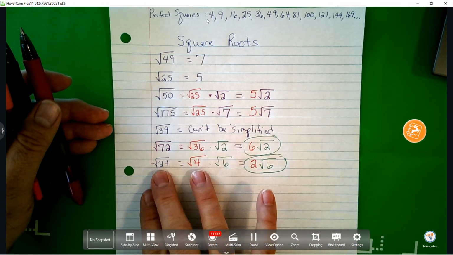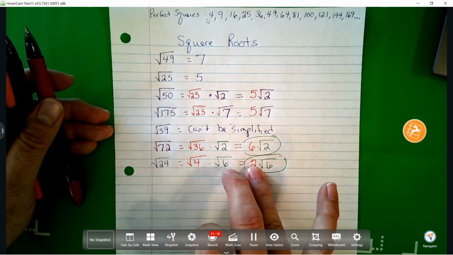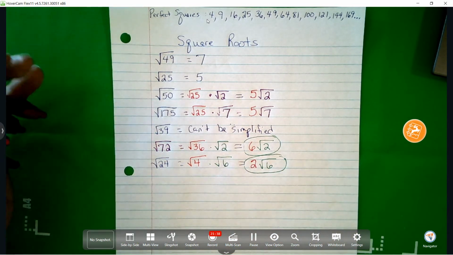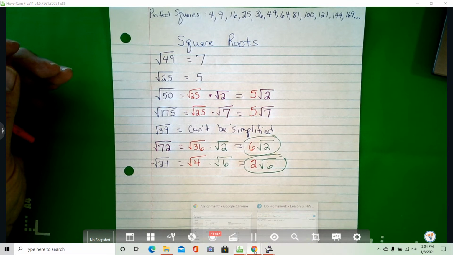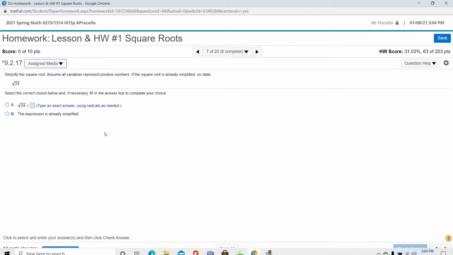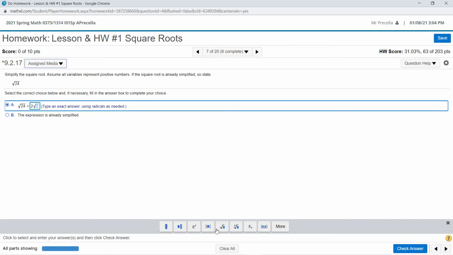I'm thinking of 24 is 4 times 6, and the square root of 4 is 2. Okay? So I'll punch in 2 square root of 6. Up here, 2 square root of 6. Enter.